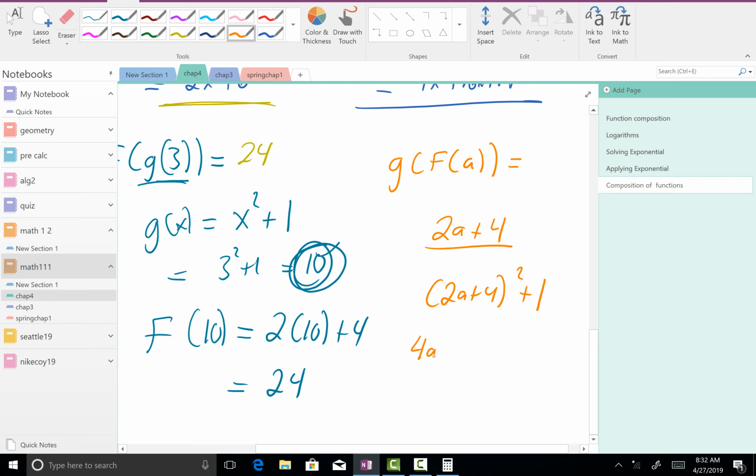Just doesn't make any difference. Just that here you have an a instead of an x. Okay, so I mean, there's a number of different things that they could ask you to put in there, and you just substitute it in, and then you put it into the other function. Okay.